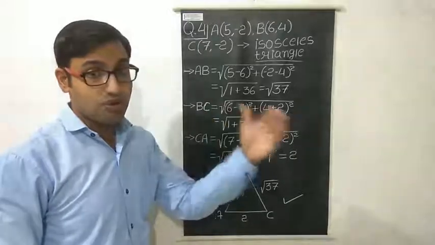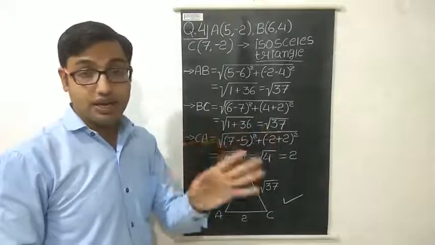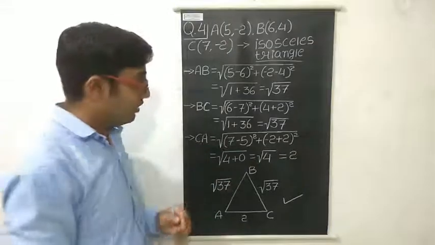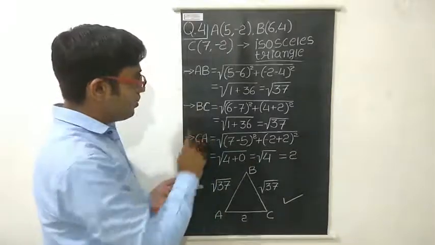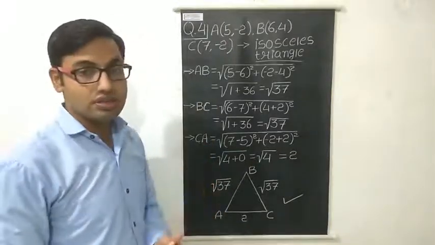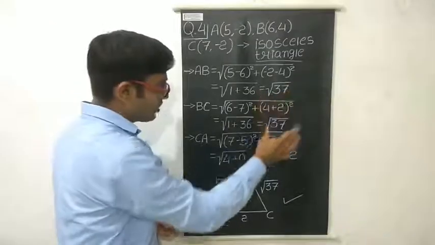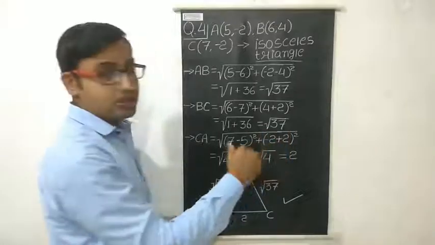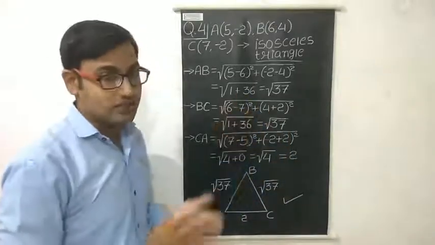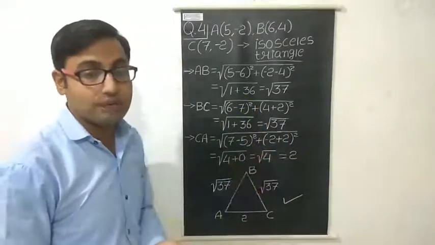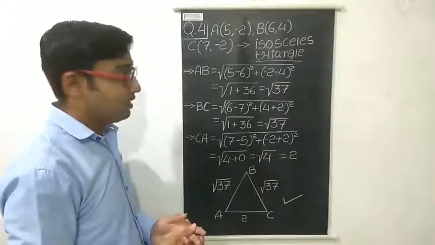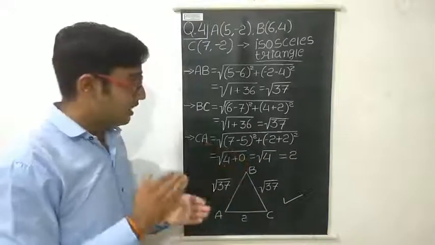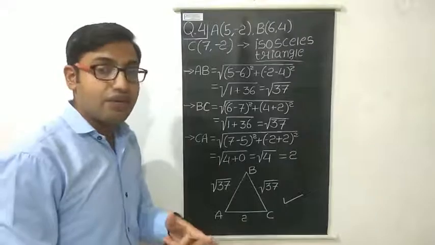If the 3 points are collinear, then they do not form a triangle, right? So here the addition of any 2 is not equal to the third side, because when we add root 37 and 2, it is not equal to root 37. That is why all the 3 points are not collinear. So they are not collinear, that means they can form a triangle.